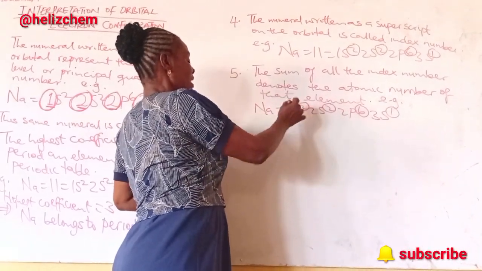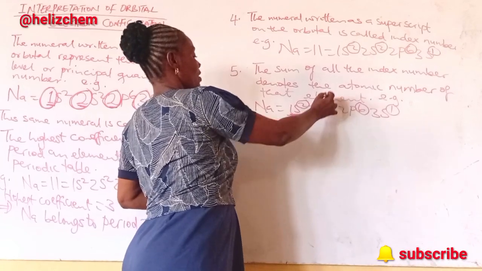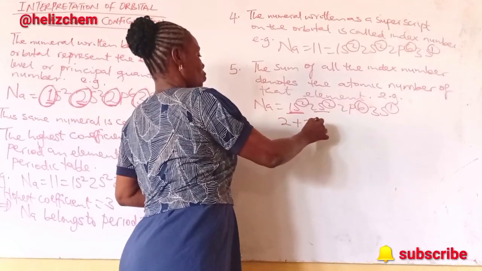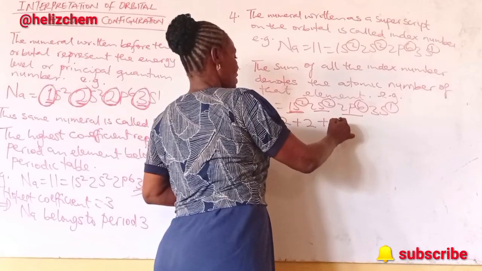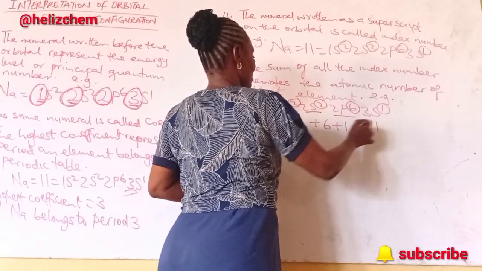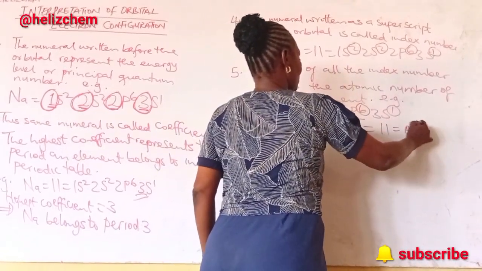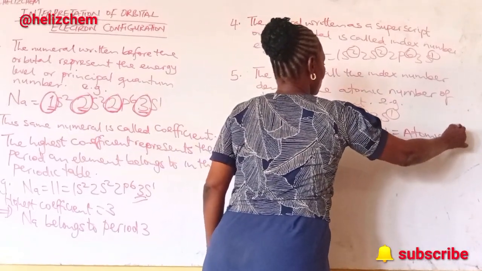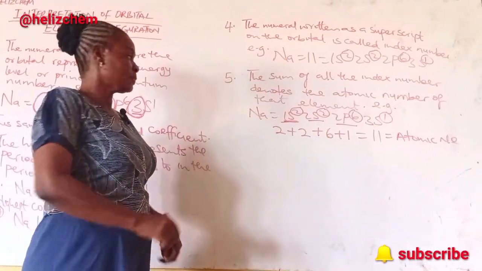So the index number on 1s is 2, plus the one on 2s is 2, plus the one on 2p is 6, and that of 3s is 1, which is 11. That means the atomic number of sodium is 11.